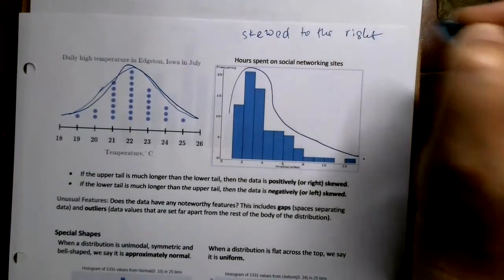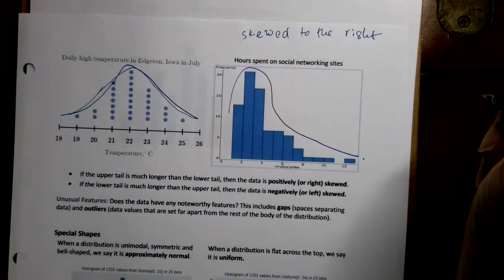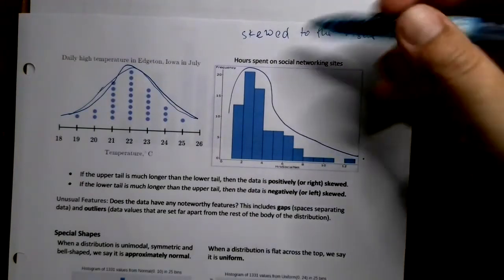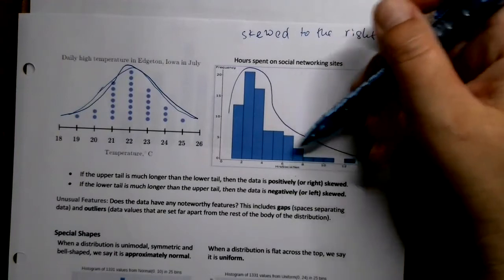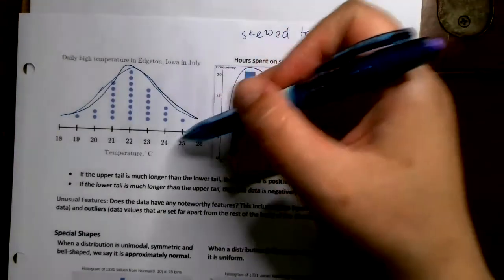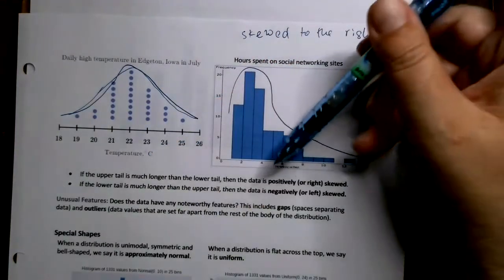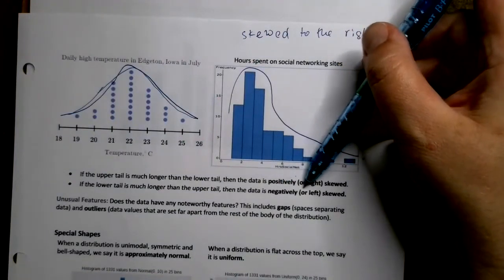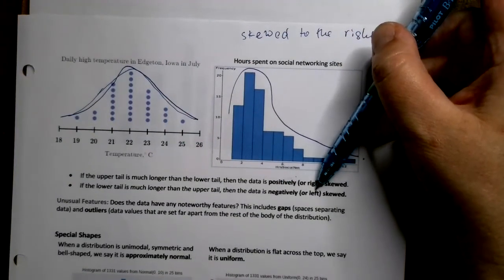I know it's counterintuitive, so watch out for that. This is skewed to the right, or positively skewed. And if we have a distribution that has a longer tail on the left side, then we're going to say that it's negatively skewed or skewed to the left.